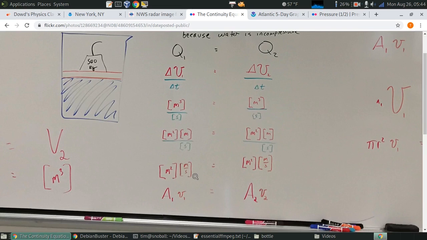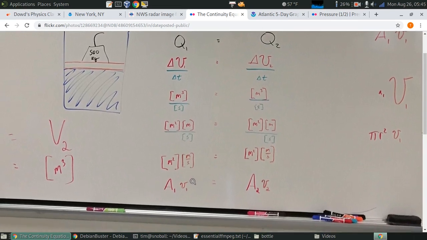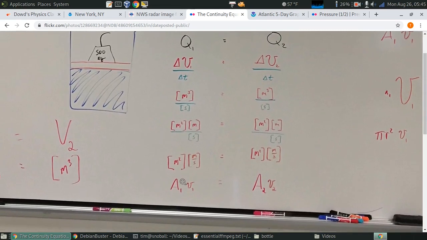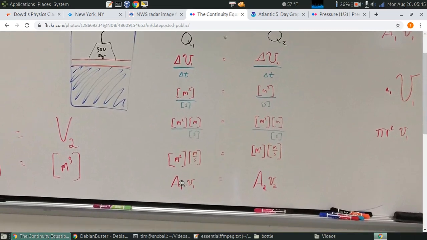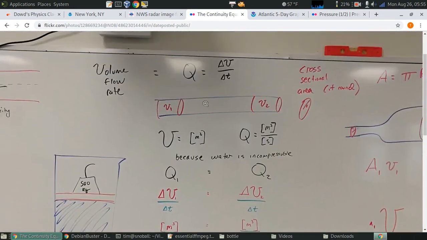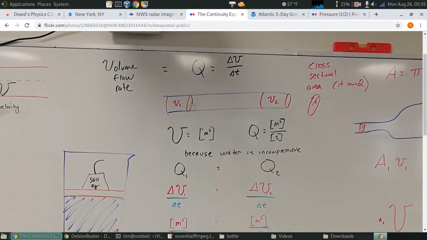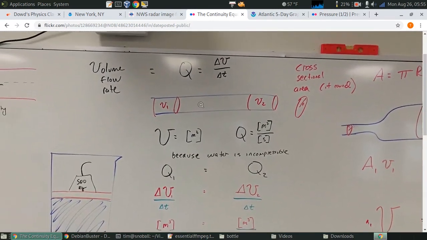Velocity is something kind of interesting. So this ends up getting velocity into our equation. And meters squared is the unit of some sort of area. What area is it? It's the cross-sectional area, in other words, the area of this circle at either end of the pipe.